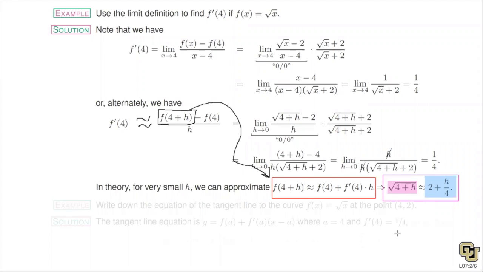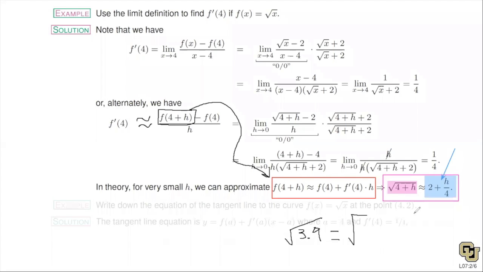If you look at what's in the blue box on the right-hand side, this does not involve anything other than addition, multiplication, subtraction, and that we can calculate by hand. So for example, suppose I wanted to find the square root of 3.9 because I'm building something and I need to know it.